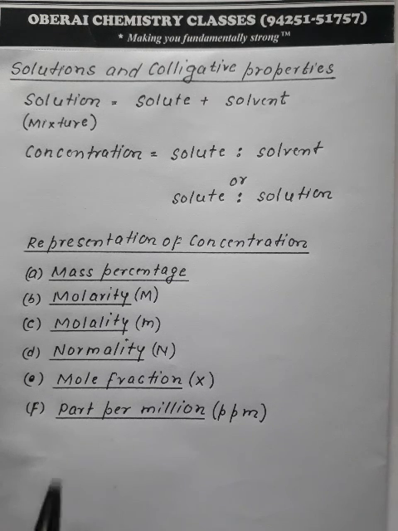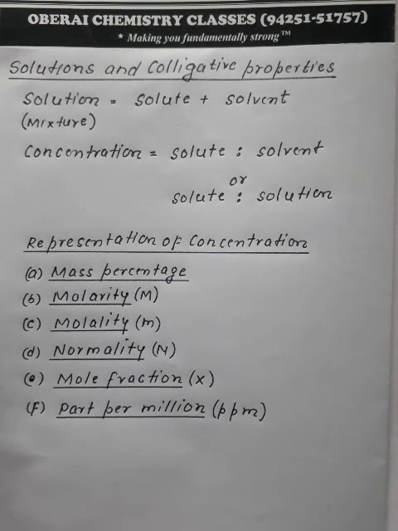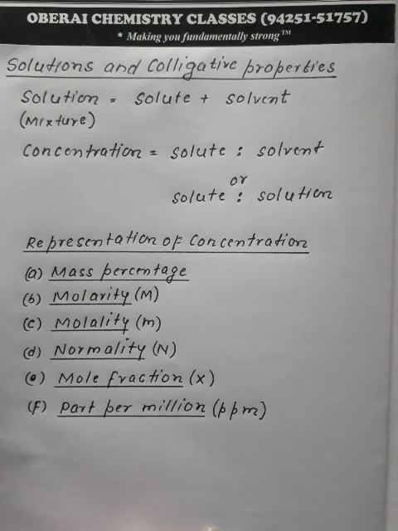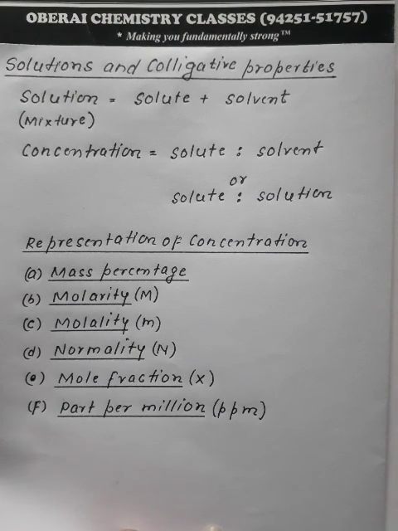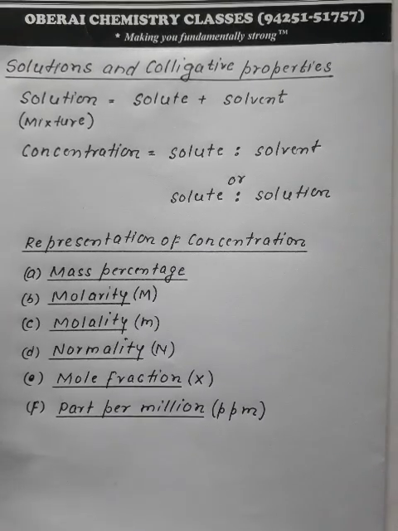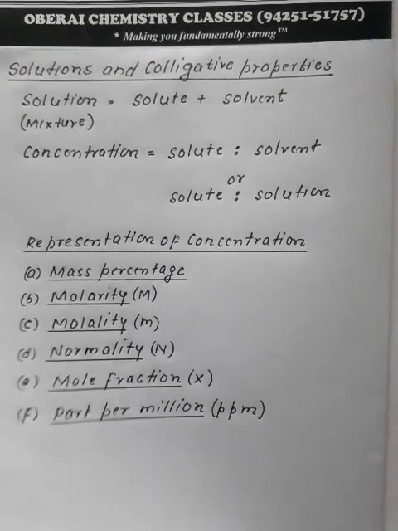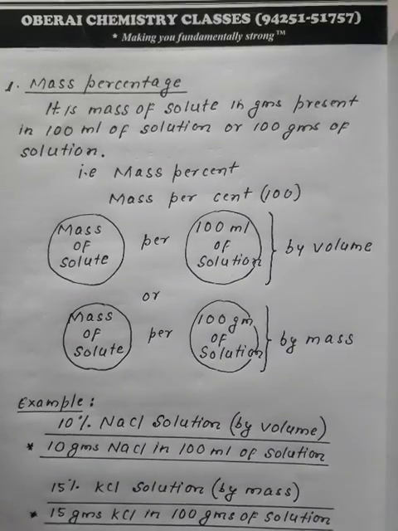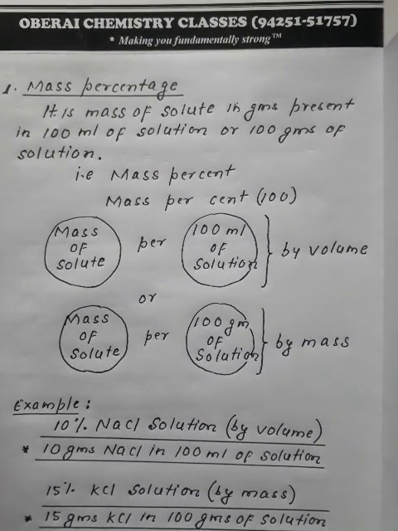These are the various ways through which concentration of solution can be represented. Now, let us discuss these one by one. First, the most important representation of concentration is mass percentage. So let us discuss mass percentage.